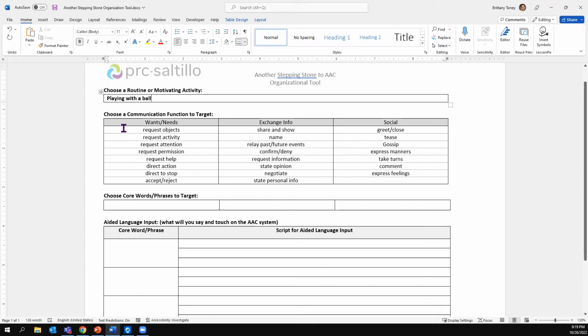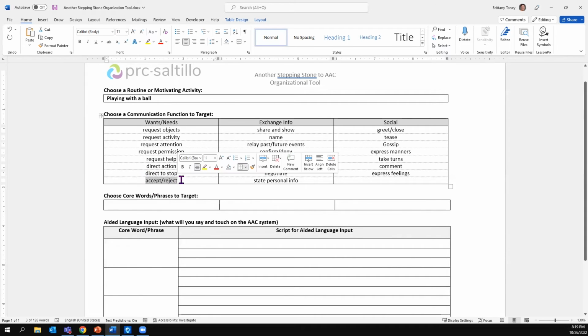And what was our function of communication that we were targeting? Really we're targeting ING verbs, right? Those present progressive morphemes. But we could say that the function of communication that we're targeting might be to direct action, maybe direct to stop kicking ball.